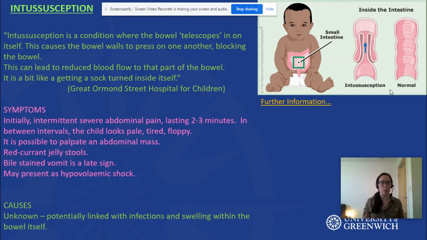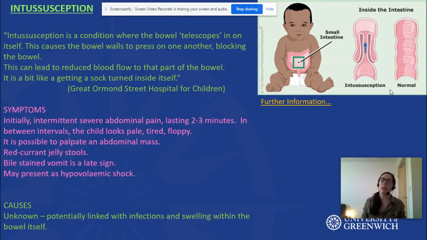So yeah, for some reason the normal bowel has telescoped inside the other one, and that is going to cause an obstruction. It will lead to the bowel being completely blocked, and the blood flow will either completely reduce or not get to that part of the bowel at all.